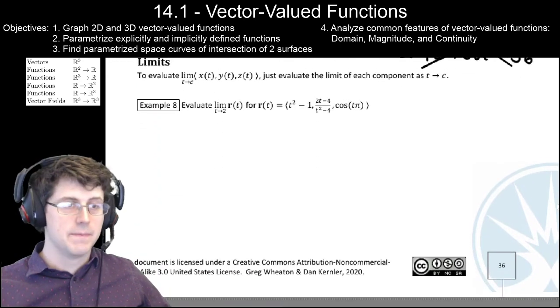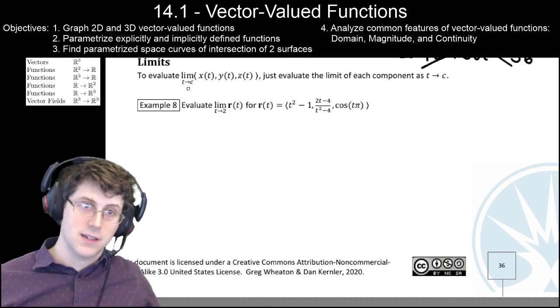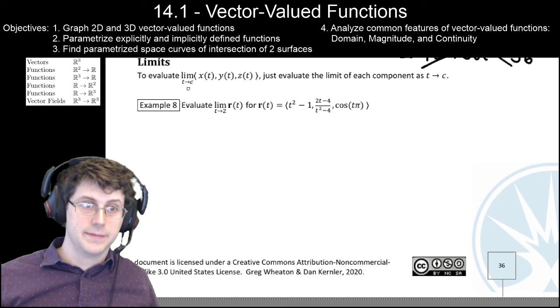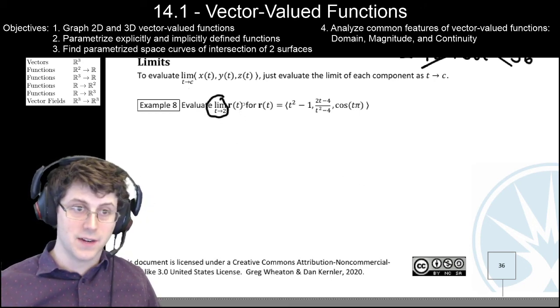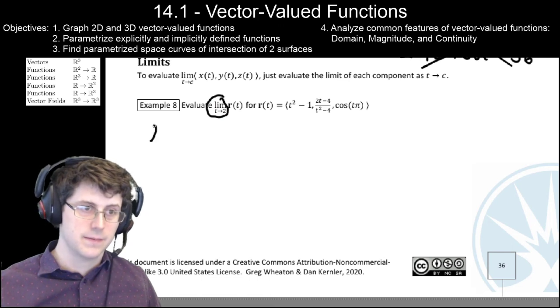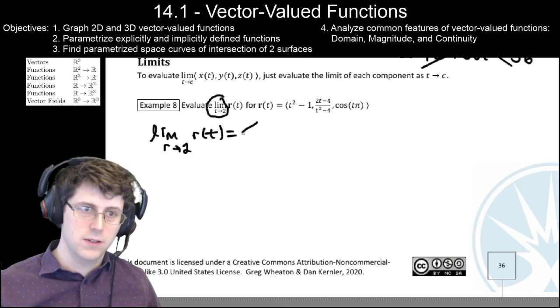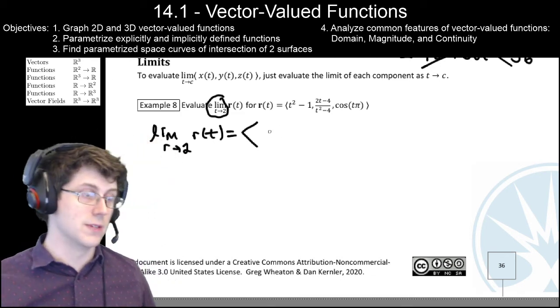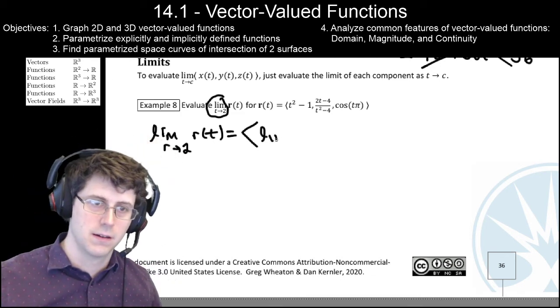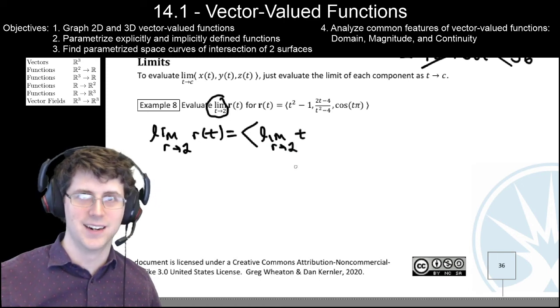Okay, what else do we got? We've got some limits. If anybody ever wants the limit of a vector-valued function, you do the limit of each component. So if someone wants to know what's the limit as t approaches 2 of r of t, well, you go into all three components and apply the limit as t approaches 2 in all three components.